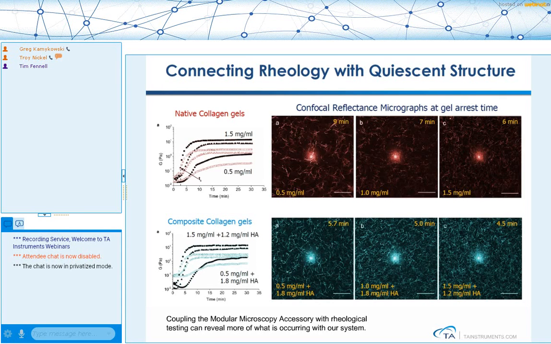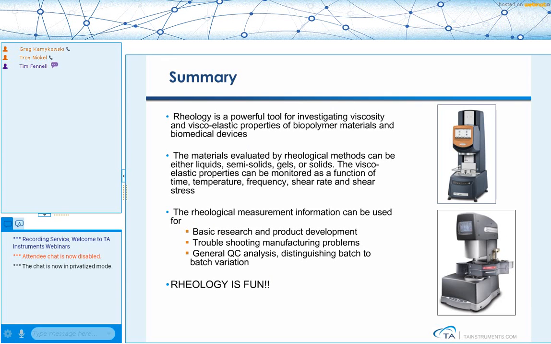So here we look at native collagen gels at different concentrations, and we look at their gelation process, and we can look at the corresponding images from the modular microscope to get an idea of what's going on with our system and why we're getting the gelation, why we're seeing the properties that we are getting.